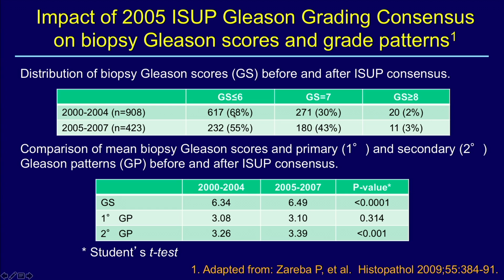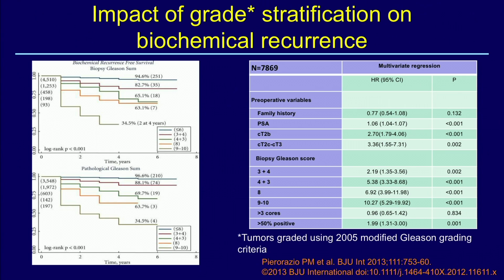And you can see that in their biopsies, Gleason 6 patterns did go down, Gleason 7s did go up, even 8s went up. So there was a grade inflation, everything moved up. And they actually looked at where that occurred, and it was not in the primary Gleason pattern, it was in the secondary Gleason pattern. So the small amounts of higher grade tumor did make a difference and were impactful in this. Now, what does this mean?